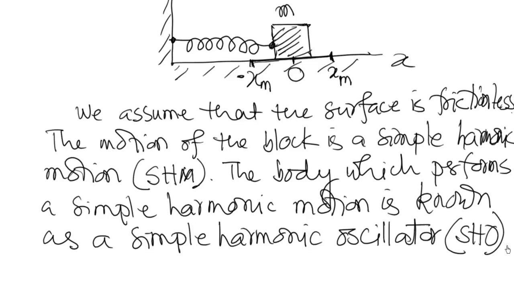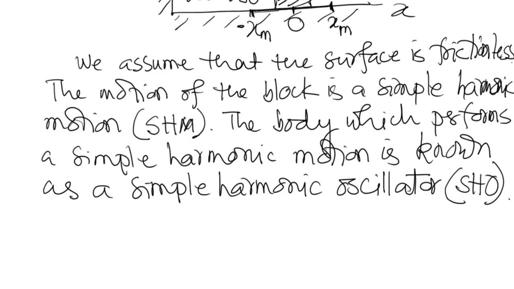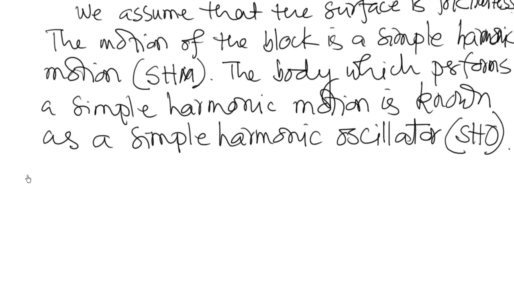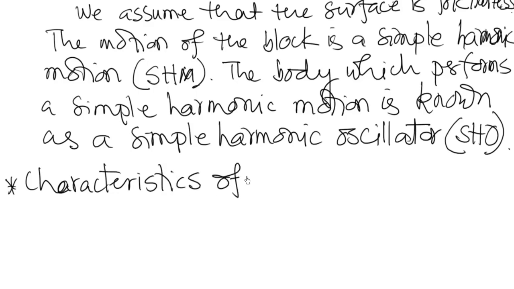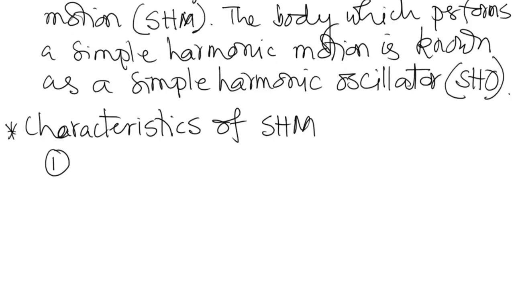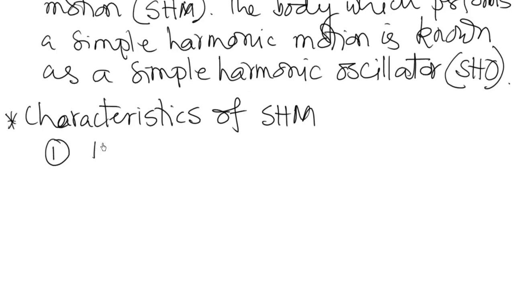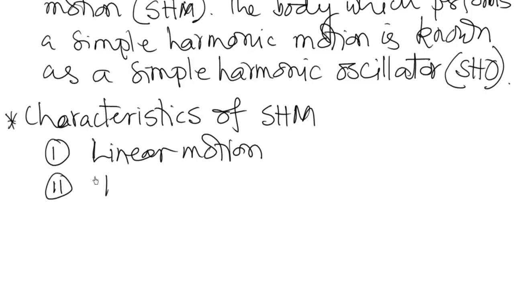Now there are some characteristics of simple harmonic motion. What are these? The motion should be linear. And the motion should be to and fro motion.